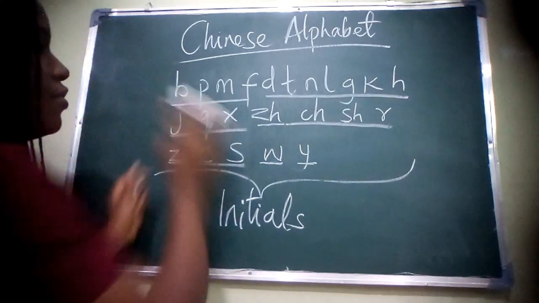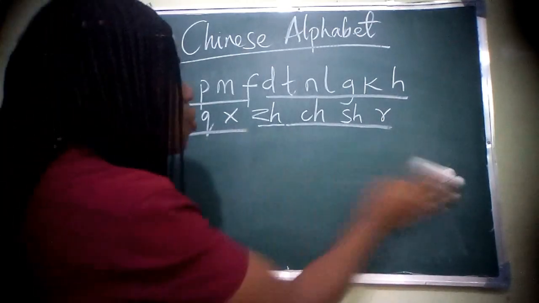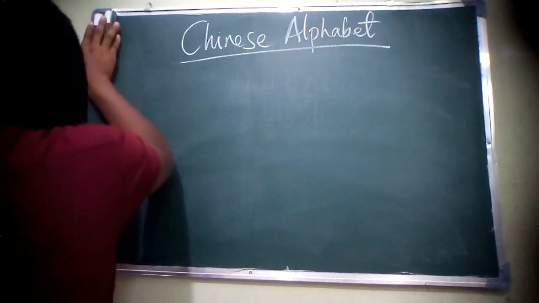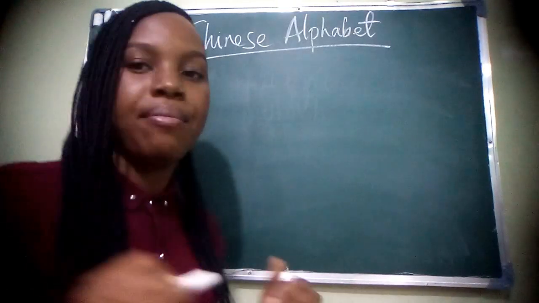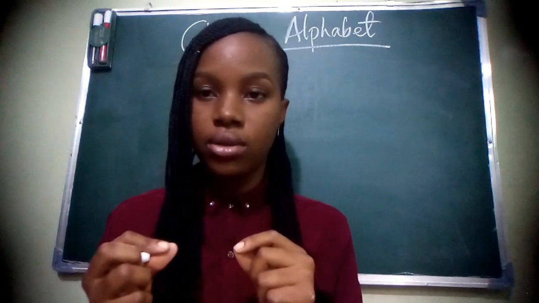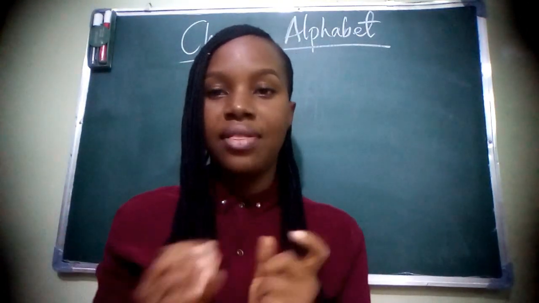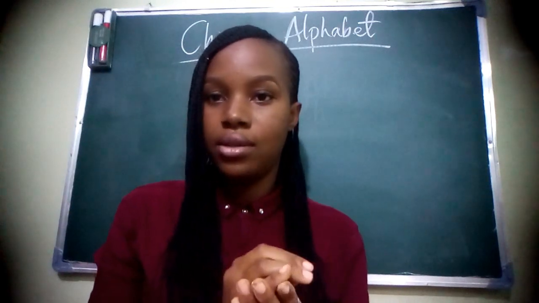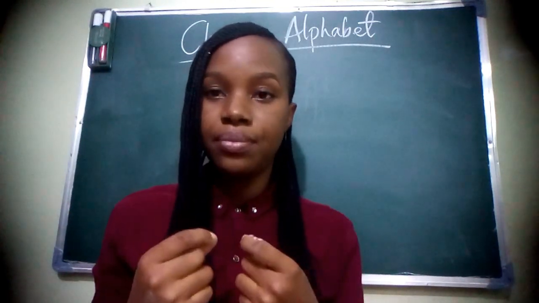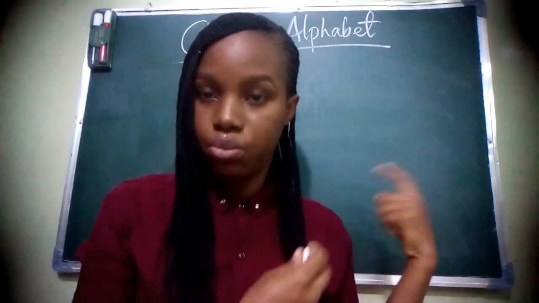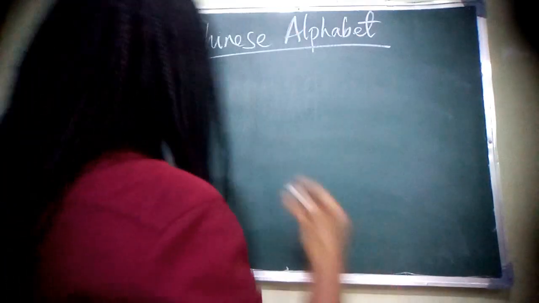Okay, that's it for the initials. So now we go to the finals. Like I told you before, the finals are made up of some single vowel sounds, the normal vowel sounds we are used to in English language, and then some come in pairs where you join them to make the sound. So I'll be writing them out and then I pronounce them for you.